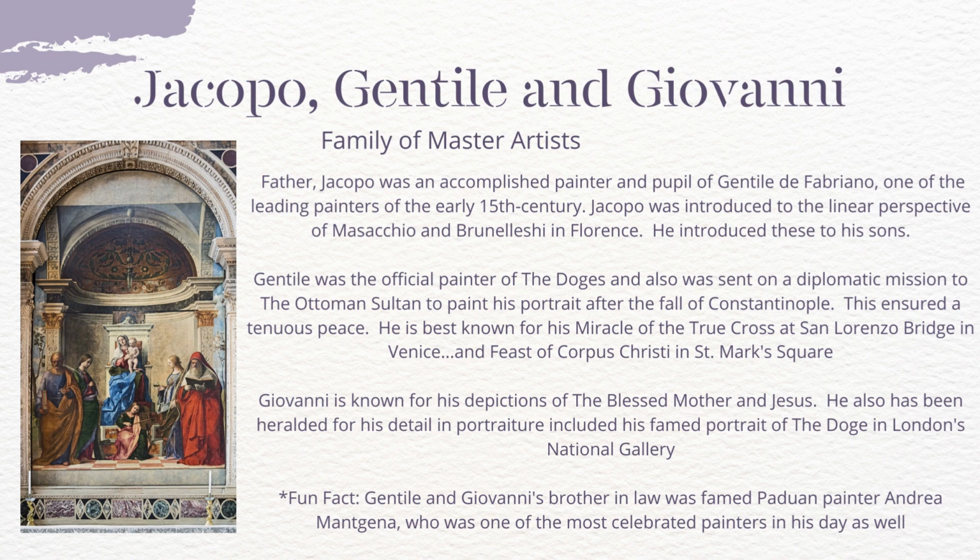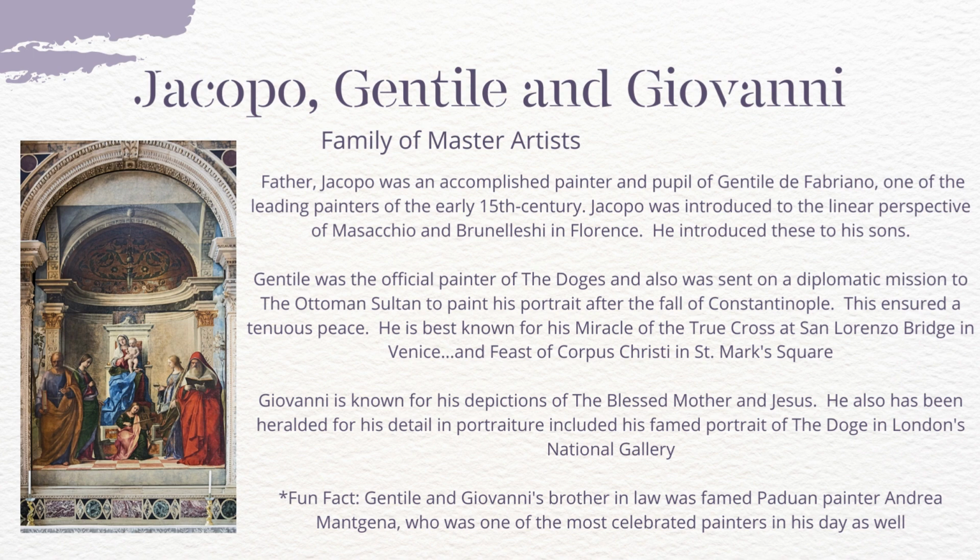Gentile was the official painter of the Doges. So that was a pretty big deal, right? In fact, when Constantinople unfortunately fell to the Turks in this terrible war in 1453, Venice wanted to make peace because, let's face it, that was a trading partner, with their long history of relationships with Byzantium.